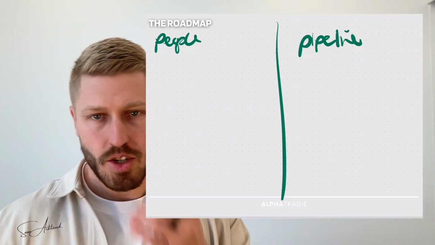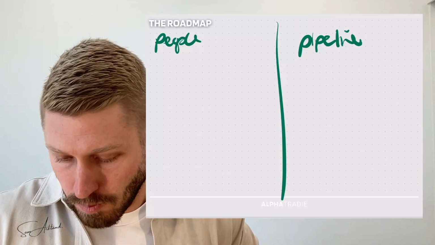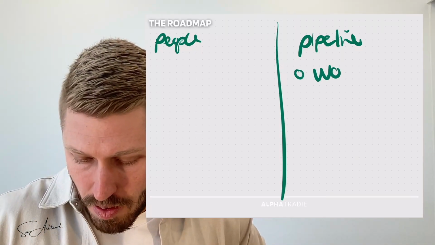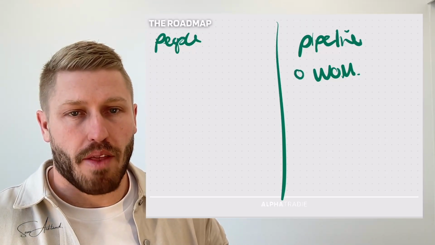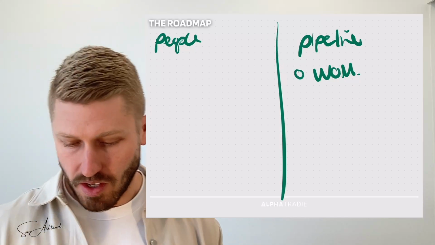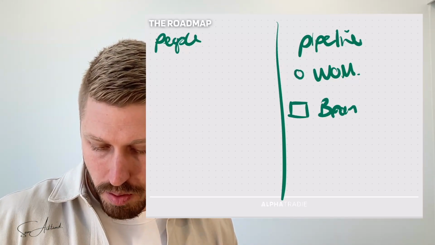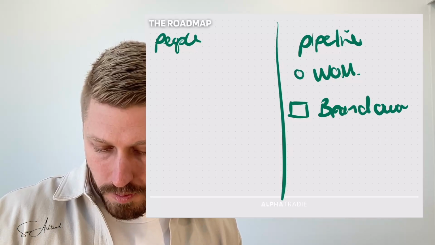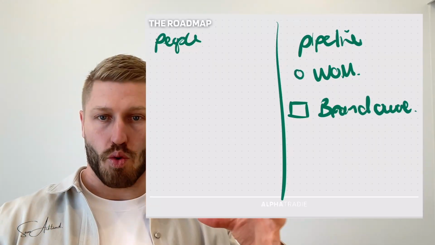And we haven't really touched on the pipeline, the marketing component at all, because most of the time we're just doing word of mouth. And there's some great ways that we can drive word of mouth up, but we need to test those theories first. So there's going to be things that we can do, like around the brand awareness component, which is generally just social media ads blasted at a generic audience.